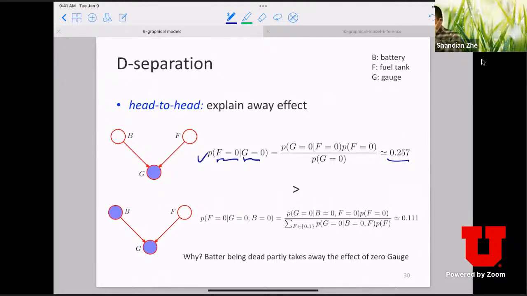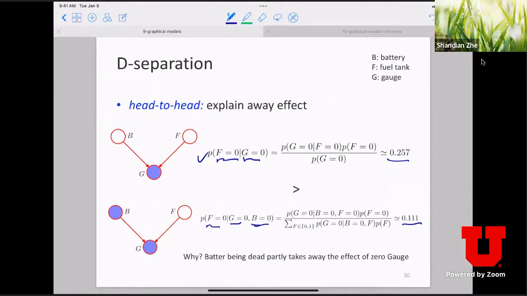Now, if you further observe that your battery is dead, then conditioned on the fact that you have a zero reading on the gauge and a dead battery, you calculate the posterior probability that your tank is empty. Now this probability is reduced to 0.111.